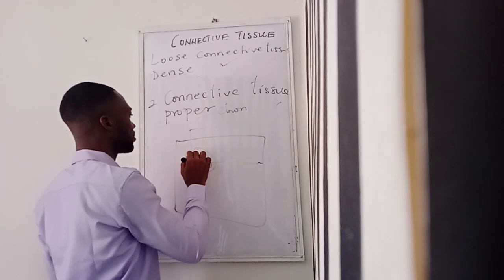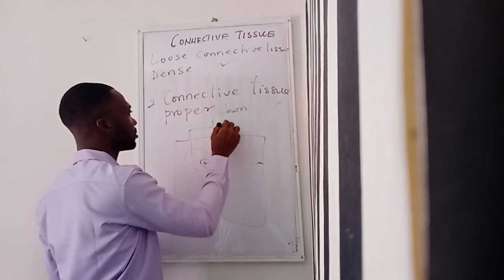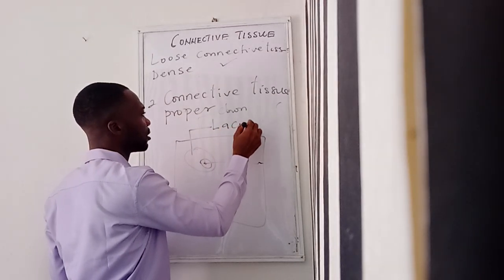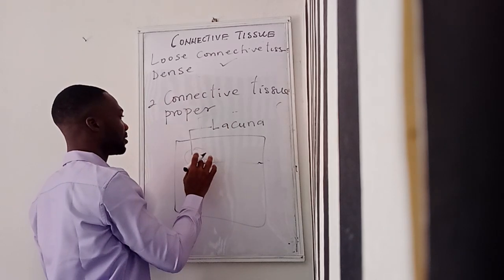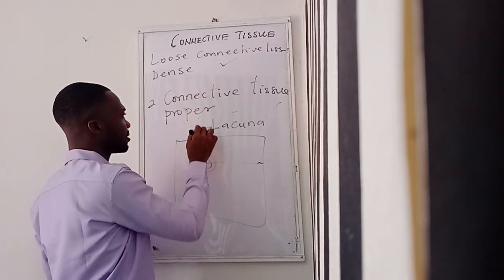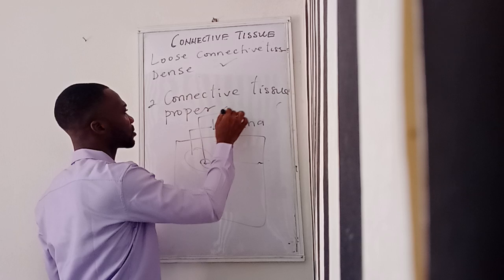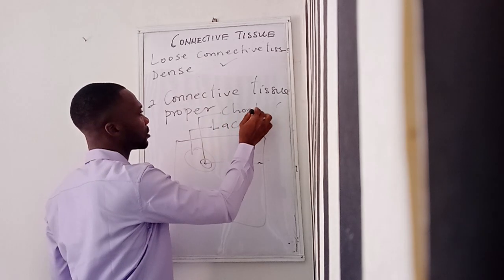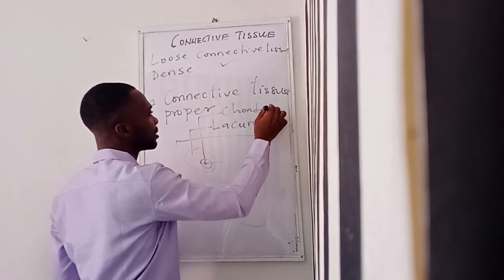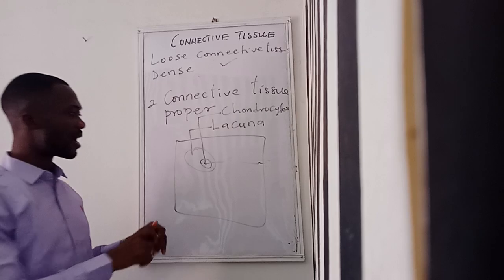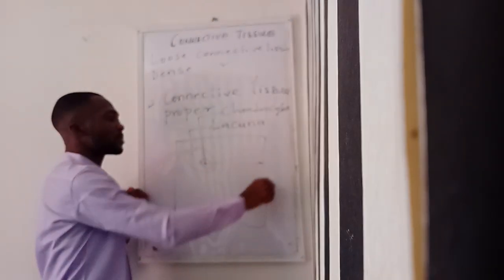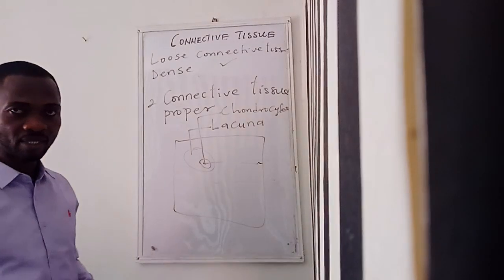So this space, like I said, is called the lacuna. Then the cell itself that you see here is called the chondrocyte. As you can see, these are embedded within the ground substance within the cartilage.